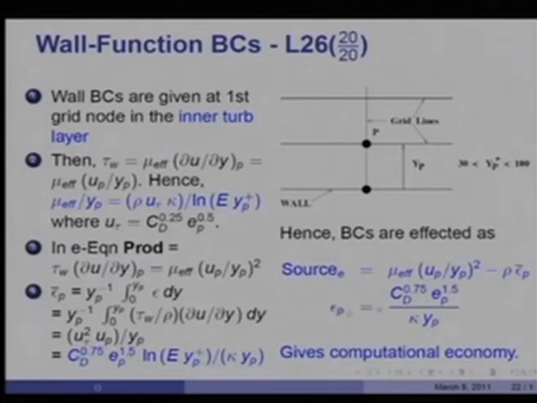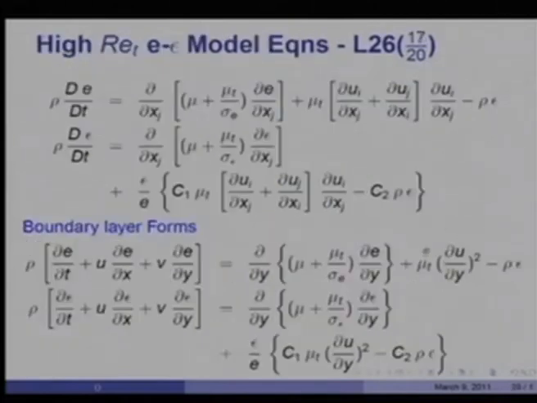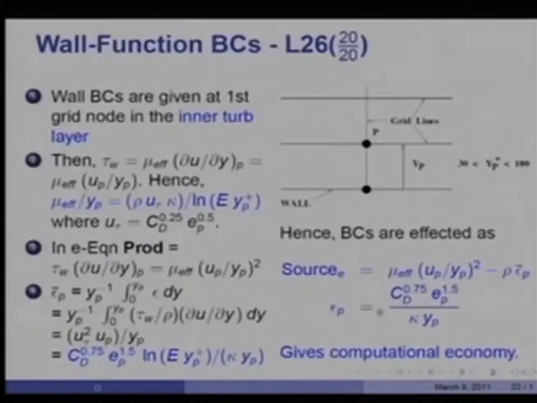And epsilon p itself would be simply C d raised to 0.75 E p raised to 1.5 over kappa y p. So, what is done is the source term at point P is modified in the k and epsilon equations. These are the source terms in the k and epsilon equations. Then at the point P, these two source terms are simply modified to read as I have shown here.